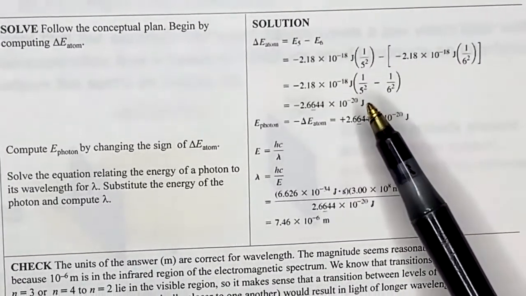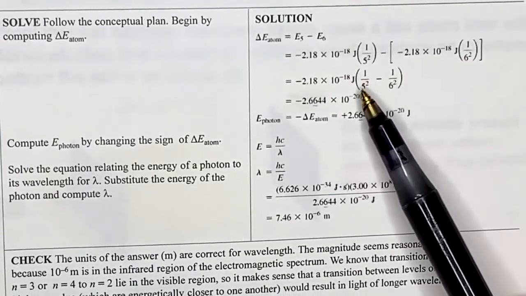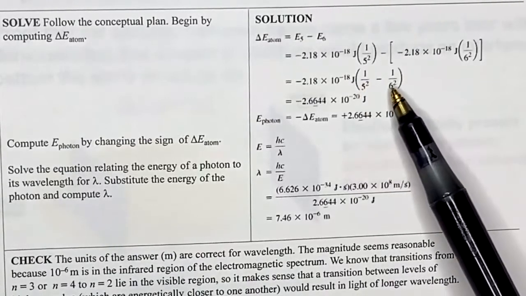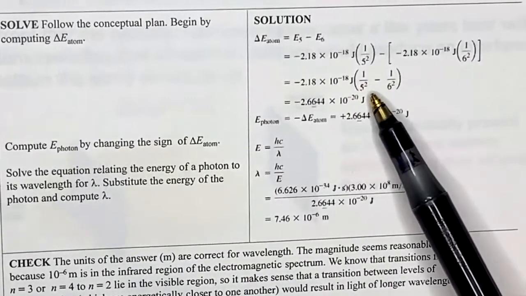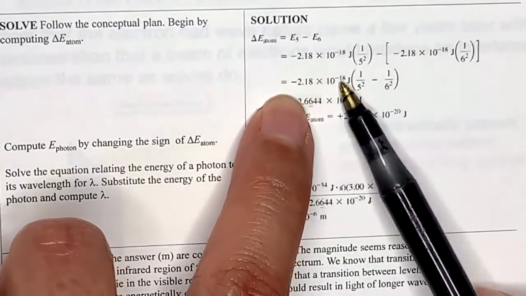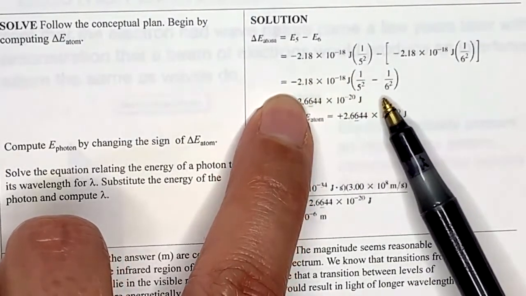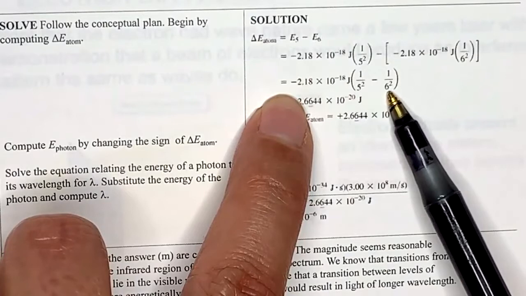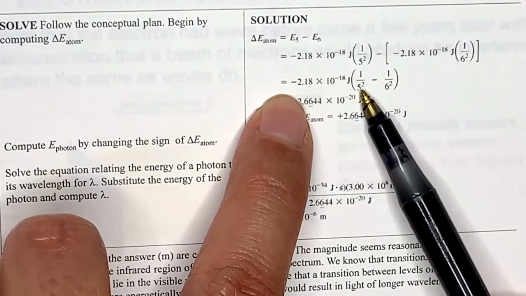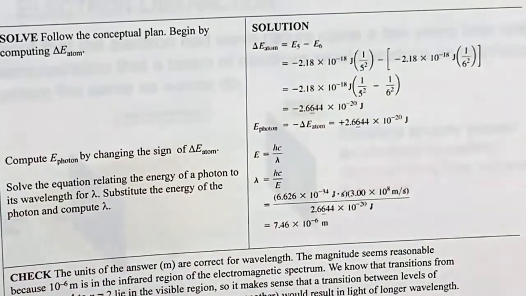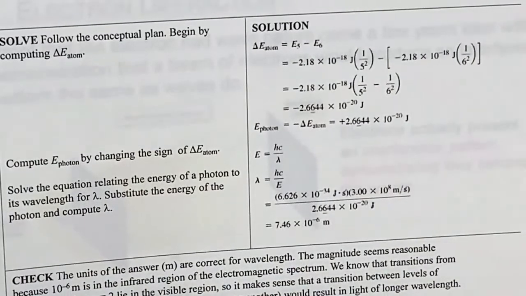The formula is going to be final and initial, right? It's going to 6 to 5. So you literally put in the constant right there, and then level 6 is over here, level 5 is over here, because it's final minus initial, according to that formula.